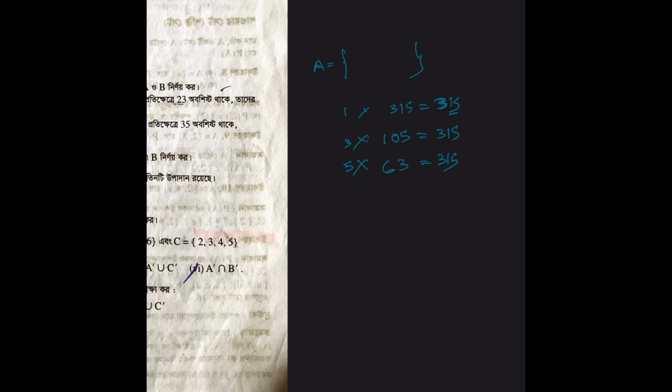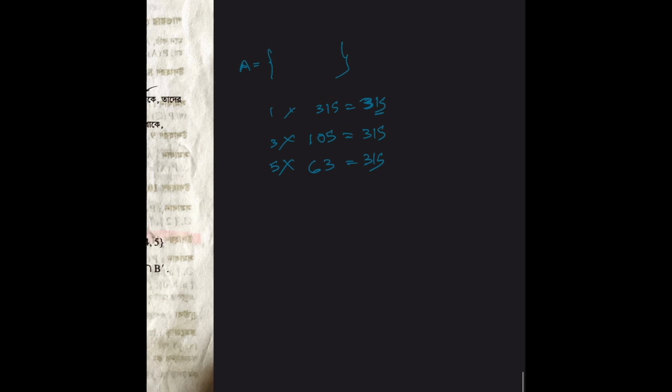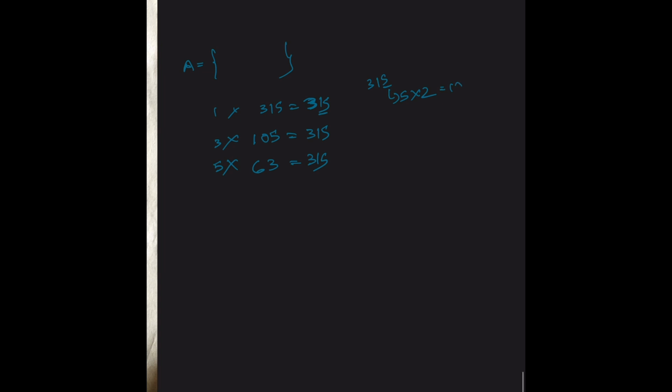Is 7 a factor of 315? Yes, 7 is a factor of 315. One way of knowing is that if we multiply the last digit, 5, by 2, we get 10, and then we subtract that number from the rest of the number, that is, we subtract 10 from 31.